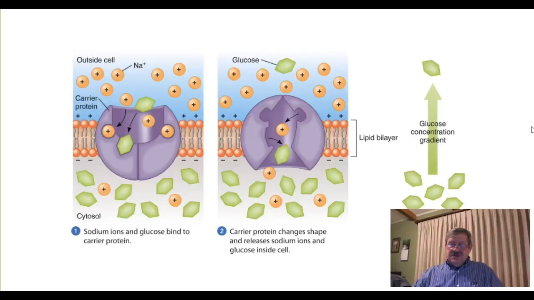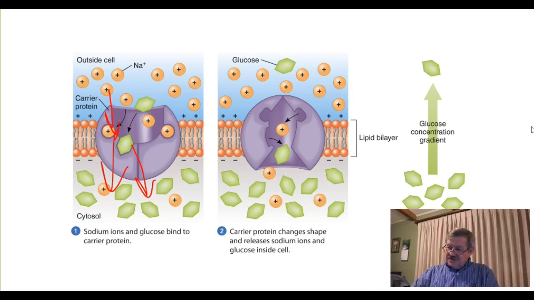Okay, so here's the example, and you notice you have the abundance of sodium outside the cell. You have a lesser amount of glucose. So, right here, the sodium is going where it's in high concentration to where it's in low concentration. The glucose is going to where it's already in higher concentration. So the glucose is just going along for the ride.